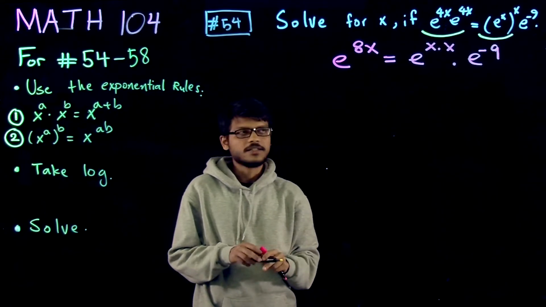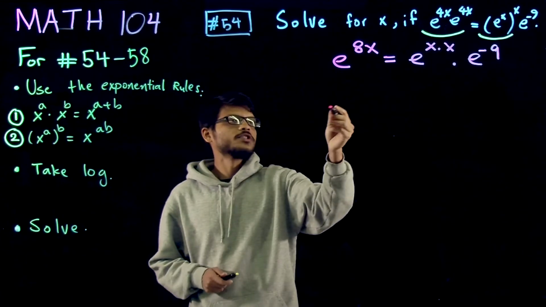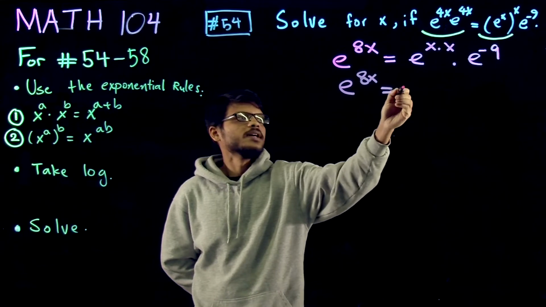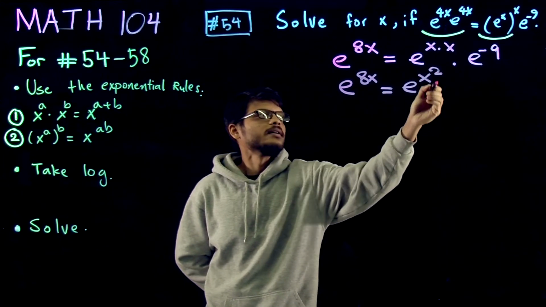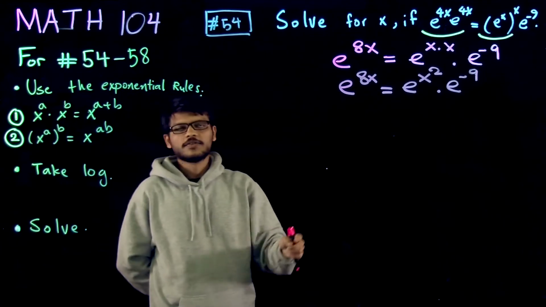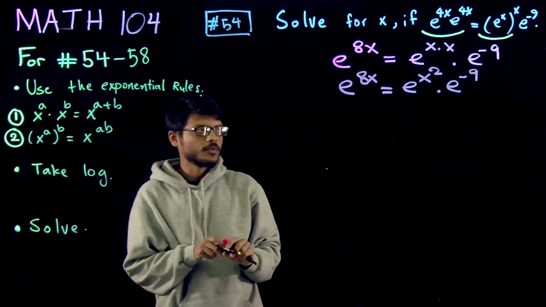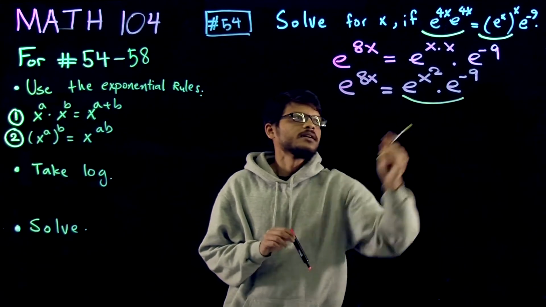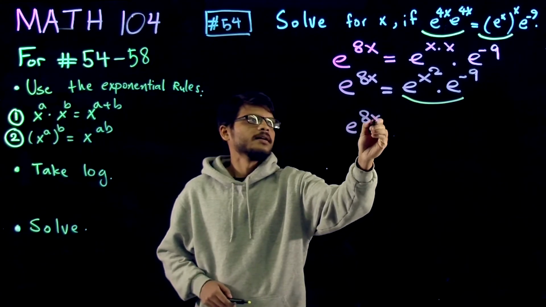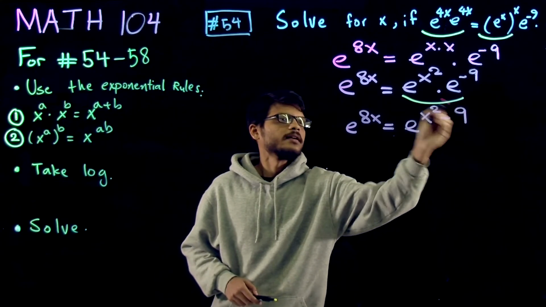Now as you can see, here we have e to the power x times x. So in the second line we should write that this is the same as e to the power 8x is equal to e to the power x squared times e to the power negative 9. Now this one is a product of two exponentials, so we apply law number 2, and it becomes e to the power 8x is equal to e to the power x squared minus 9.